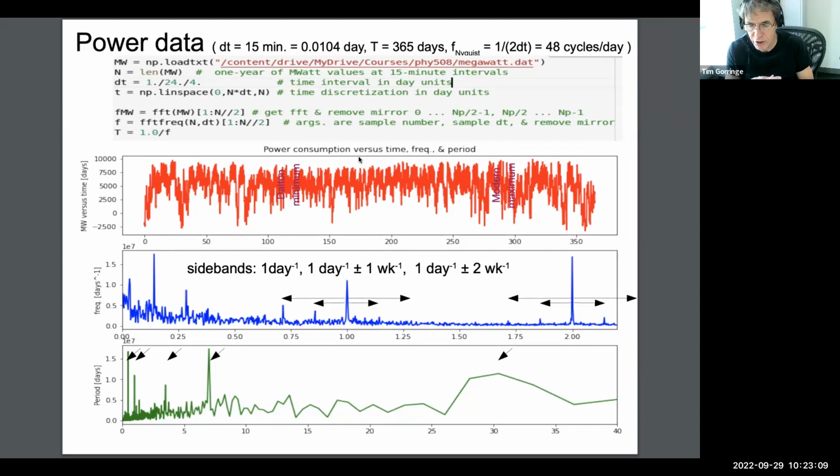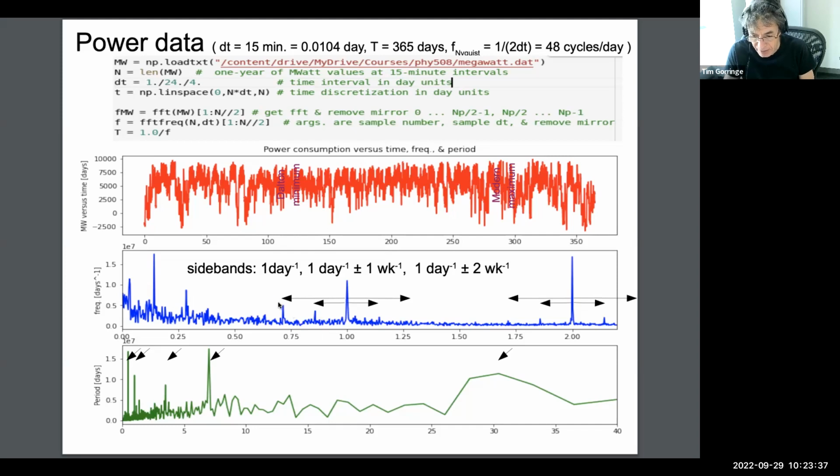I wanted to show you a couple of other features that are in the data, and mention a couple of other frequencies in the data. So in addition to the cycle of one cycle per day and its harmonics, and the cycle of one cycle per week and its harmonics, there's some other peaks.